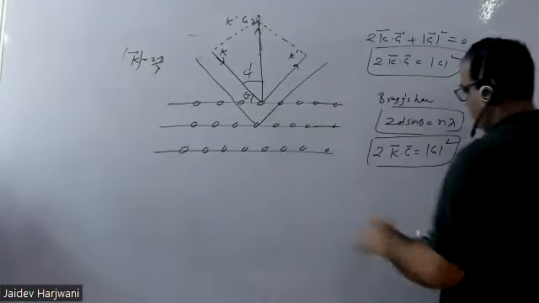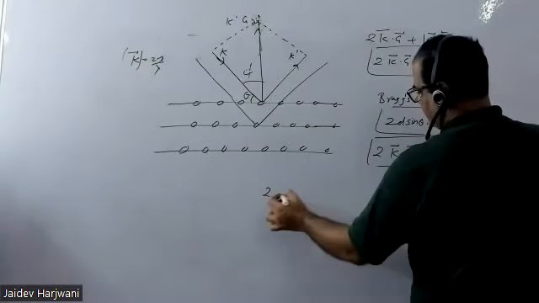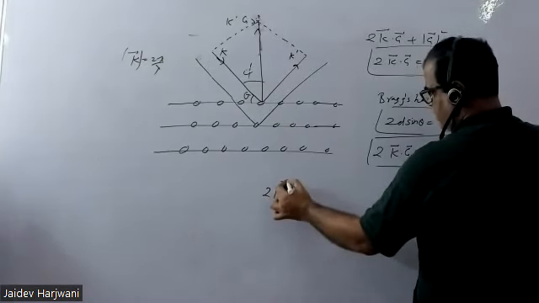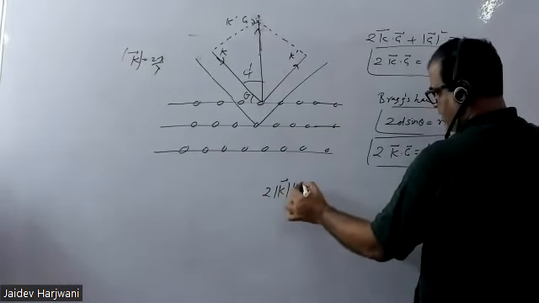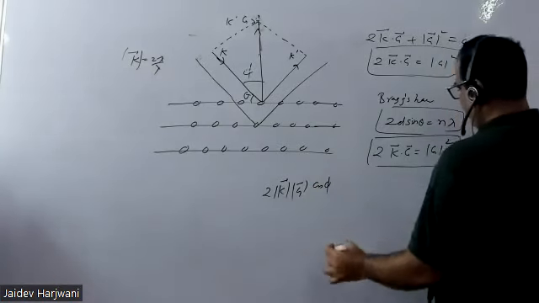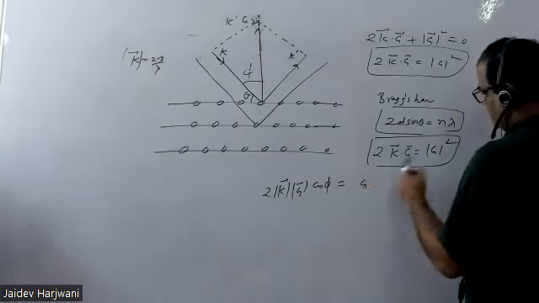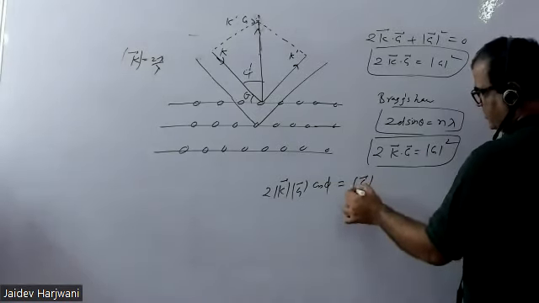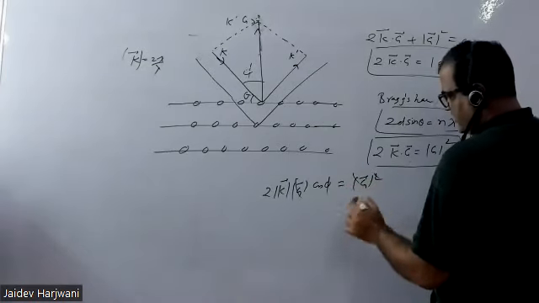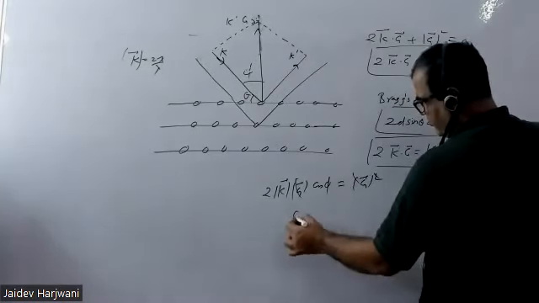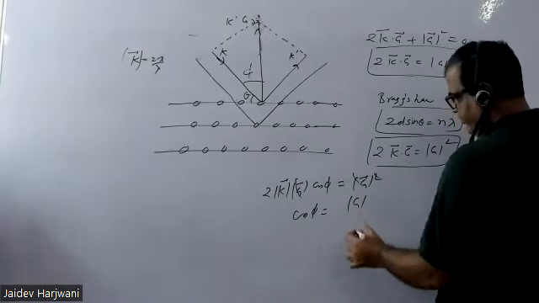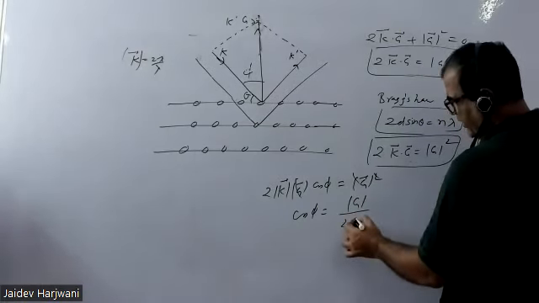So you can write 2kg cos phi equals g square. The g cancels, and you have only g left, so cos phi equals g upon 2k.